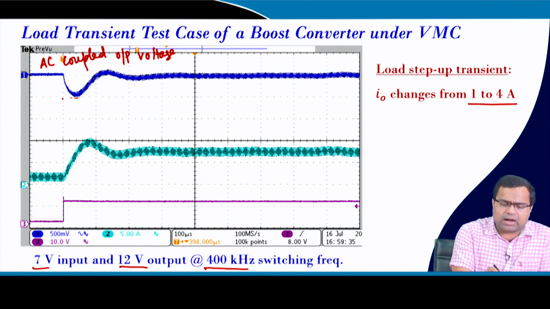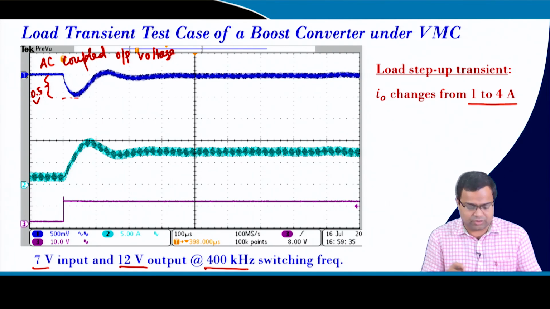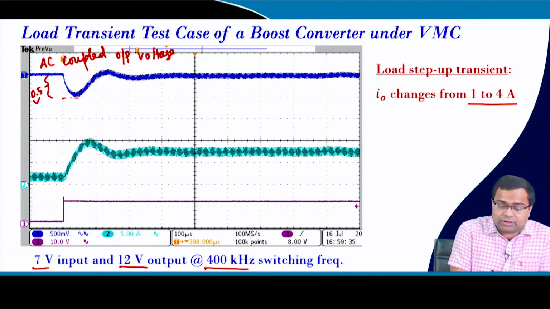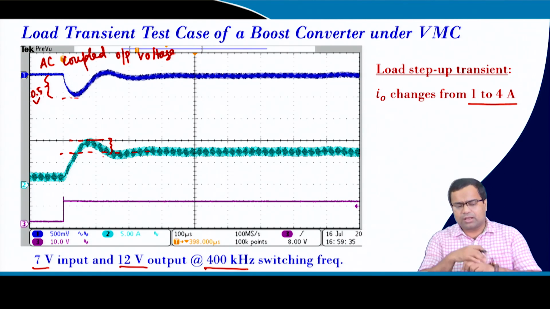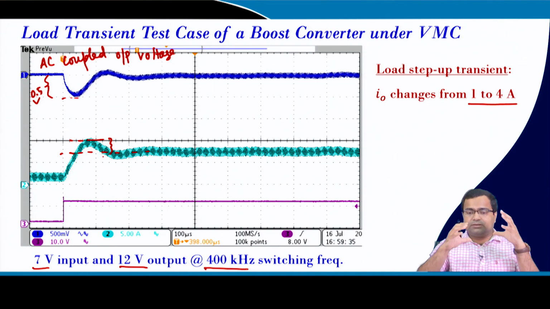The undershoot is almost 0.5 volt because this division is 0.5 volt, and this may be too large for a 12 volt output. And the current also has some overshoot, because if you check from here to here there is a certain overshoot in the current. But how can we predict what my overshoot or undershoot would be, because we have designed this converter keeping in mind certain specifications.